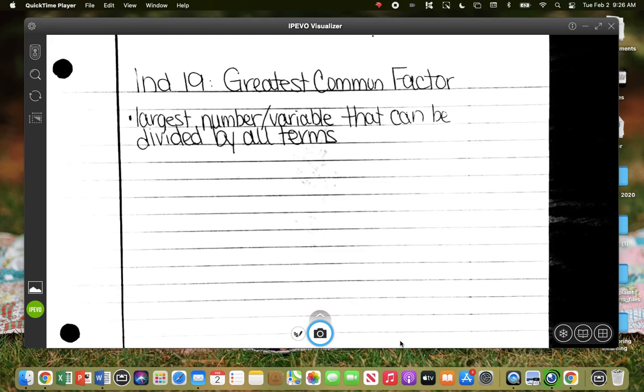We are going to use this today to reverse the distributive property. I'm just going to give you a really basic example, and this is what we're going to work with today.